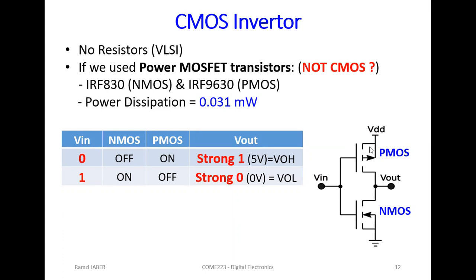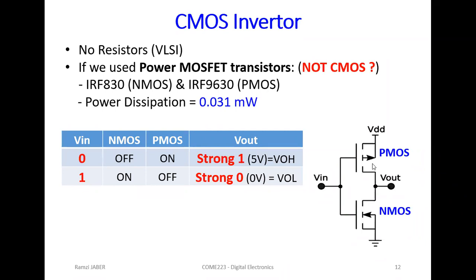The output is directly connected to the ground and is called a strong zero, because this time we don't have the limitation in the CMOS transistor like in the BJT. In the BJT, the limitation is 0.2 volt. Here in CMOS, the output will be directly connected to the ground with a zero value.